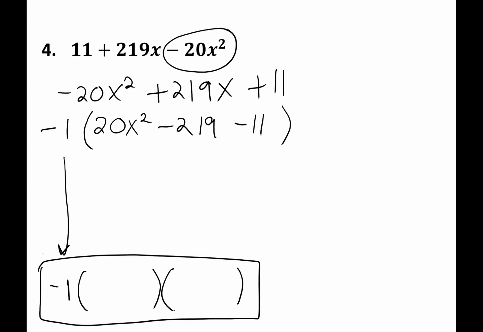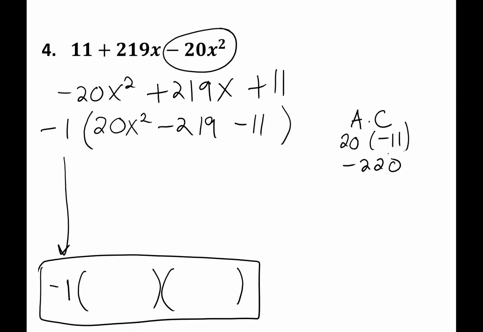Okay, so here we go. Believe it or not, I am going to attempt the AC method here because it works surprisingly fast when I tried it earlier. So I wanted to show you 20 times -11 is -220.